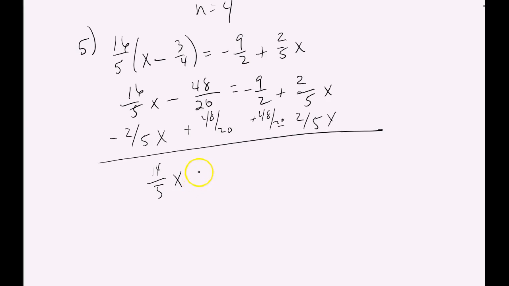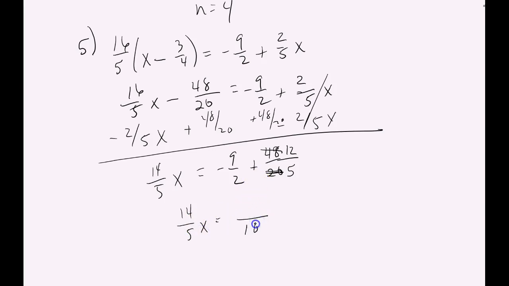And so I'm going to have a negative 9/2 plus a 48/20. You can, if you want, go ahead and reduce this and then put them together. Like I'm noticing that 4 goes into both of these, which means this is a 5. And this is a 12, and that might make it easier to get a common denominator. I don't know, but that's how I'm going to approach it.